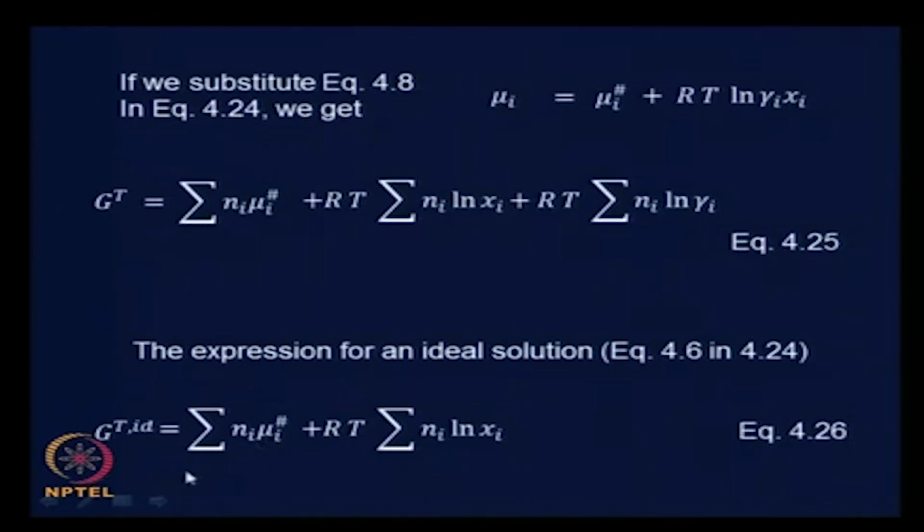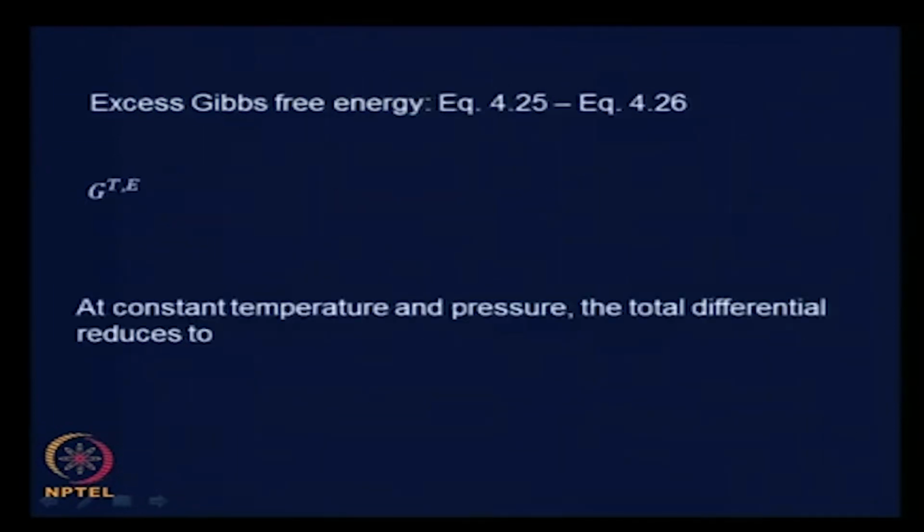As you can see, this term is going to cancel with this term, and this term with this term, and so only this term is going to remain for the excess Gibbs free energy. G^TE equals RT sum over N_i ln gamma_i. Let us call this equation 4.27.